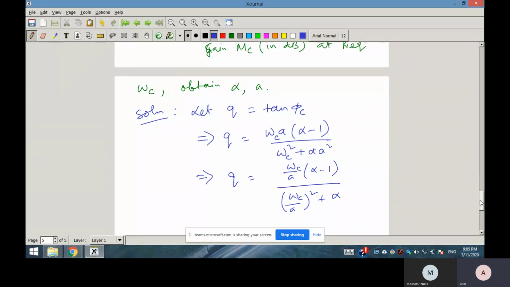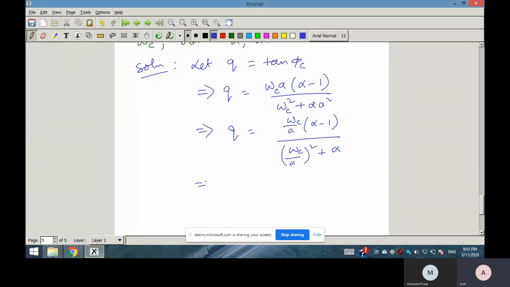I can consider omega c by A as a normalized frequency, that is omega c bar. So Q equal to omega c bar into alpha minus 1 divided by omega c bar whole square plus alpha, where omega c bar equal to omega c by A, that is the normalized frequency.